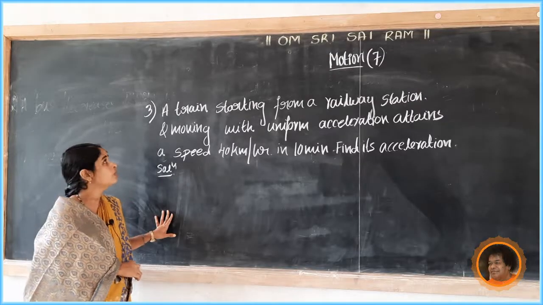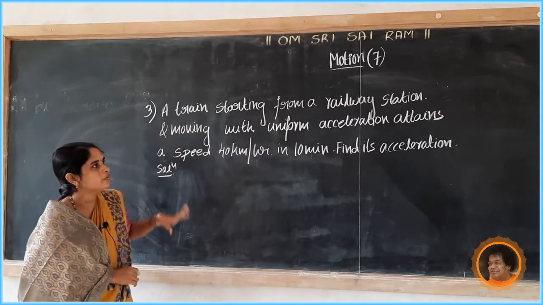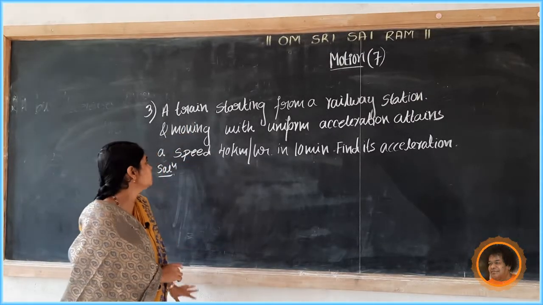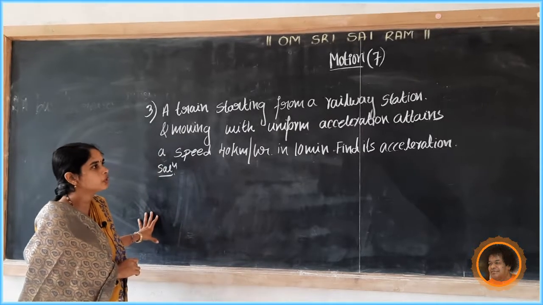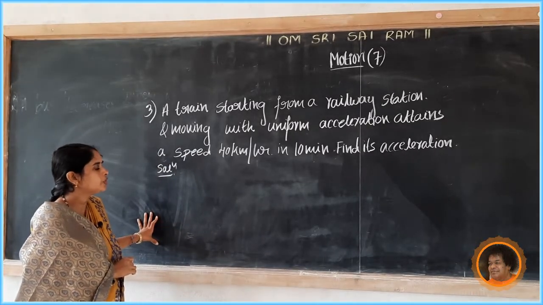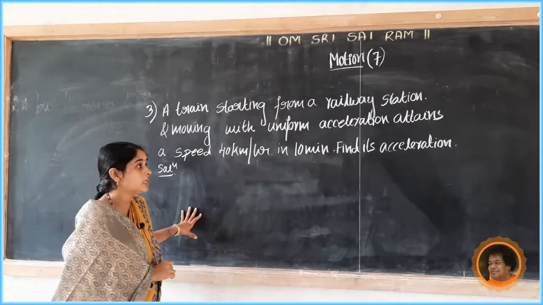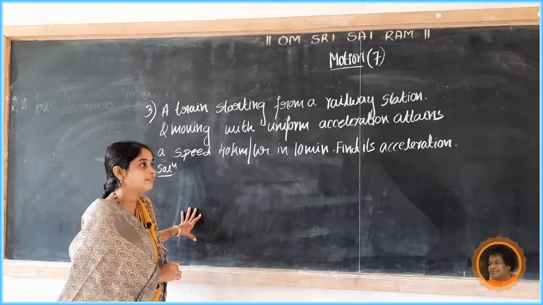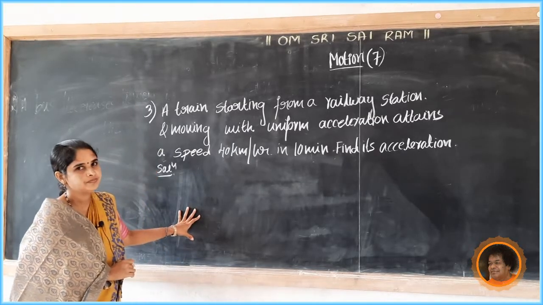Okay. Third problem. A train starting from a railway station and moving with uniform acceleration attains a speed of 40 km per hour in 10 minutes. Find its acceleration.